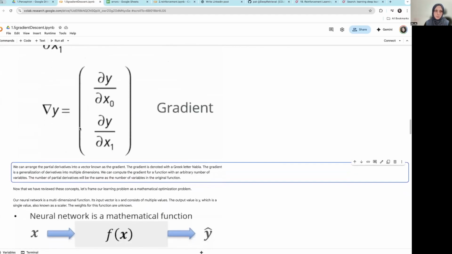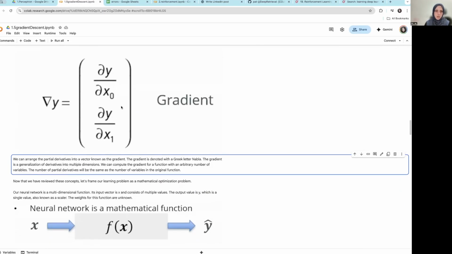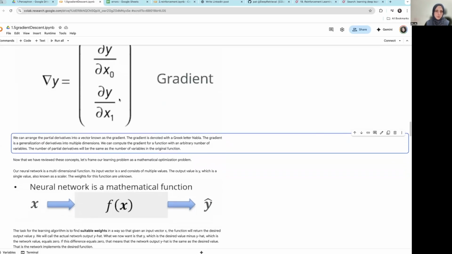We can arrange the partial derivatives into a vector known as the gradient. This is the gradient, and the gradient is denoted with the Greek letter nabla. The gradient is a generalization of derivatives into multiple dimensions. We can compute the gradient for a function with an arbitrary number of variables.